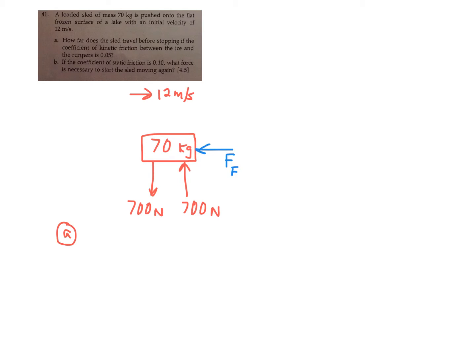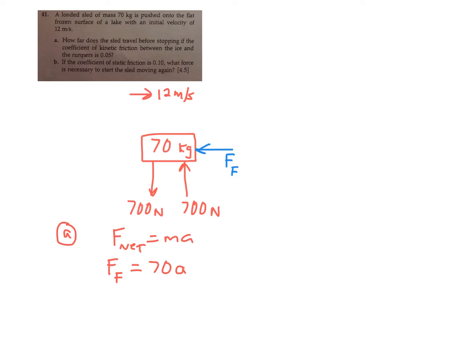Well, so this is just F net equals ma. And F net, there's one force, that's the net force, that's the force of friction, equals the mass of the sled, 70 times a. Well, it seems like we have two unknowns. However, we can do a side calculation or we can do a substitution in here for force of friction.